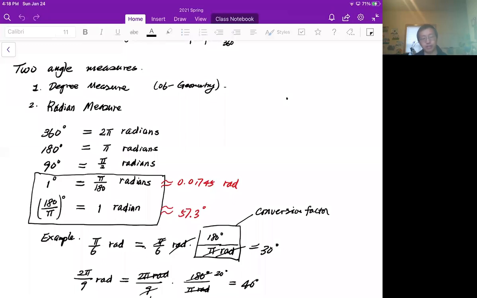It's just a different system. 180, we can go from here, divide by 2. 180 degrees is pi radians. 90 degrees is just pi over 2 radians. In particular, 1 degree is pi over 180 radians, and 1 radian is 180 divided by pi degrees. And then we did the conversion.